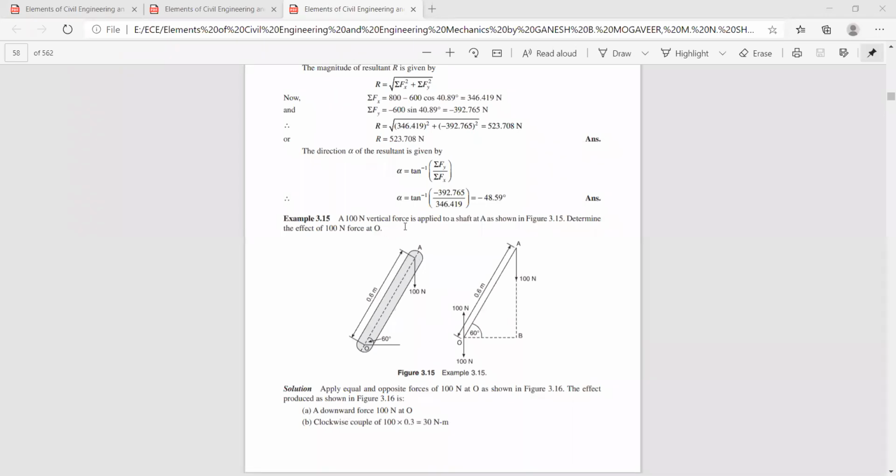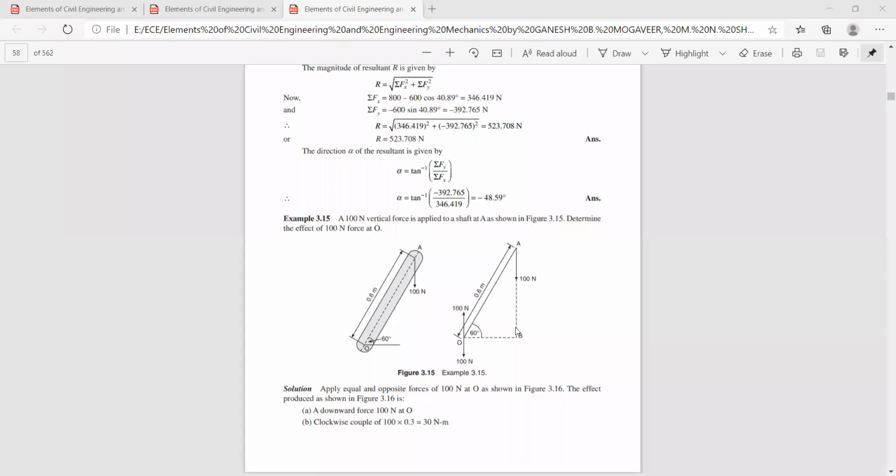So a 100 Newton vertical force is applied to a shaft at A as shown in figure. Determine the effect of the 100 Newton force about point O. We want to find the effect of this force, the 100 Newton force, at point O. So apply equal and opposite forces of 100 Newton at O as shown in figure. So you have to apply equal and opposite, correct? Here a 100 Newton force is taken, also in the downward direction.